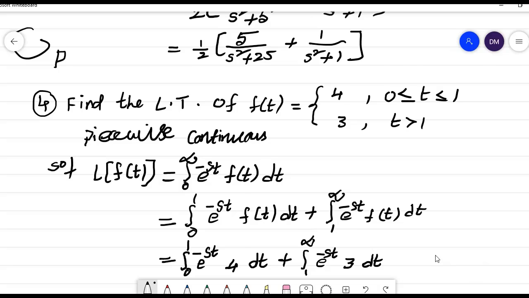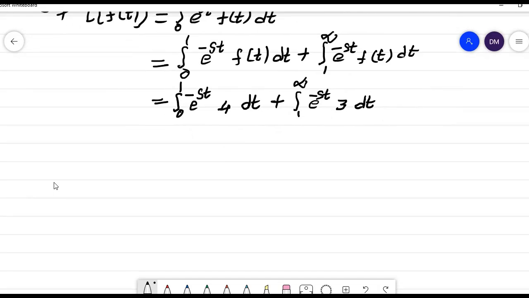Now what is the next step? See here, 4 is a constant. Keep it outside of the integration. So 4 integral 0 to 1 e power minus st dt plus, here 3 is a constant, keep it outside, integral 1 to infinity e power minus st dt.